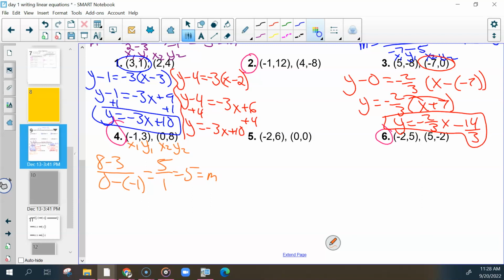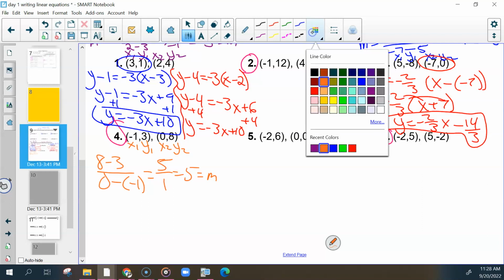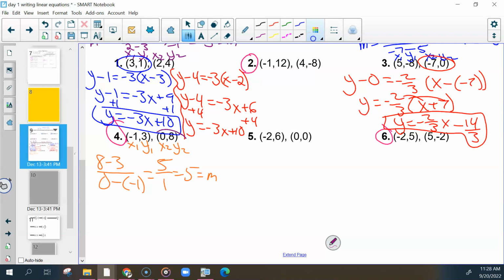If you get a problem like this where you have 0 then a number, does anyone know what this is just by looking at it? It's okay if you don't. If I graph this point, where would this fall?